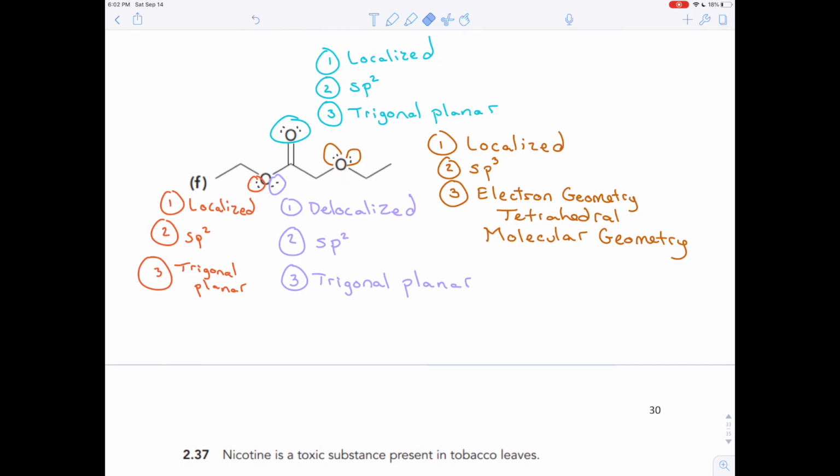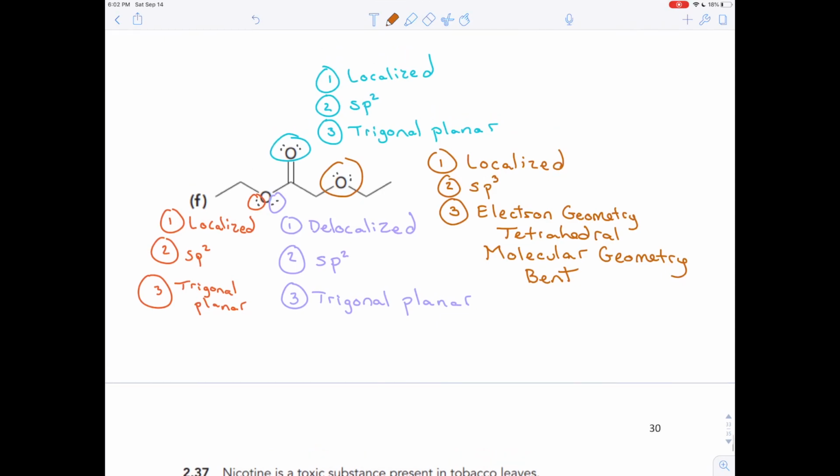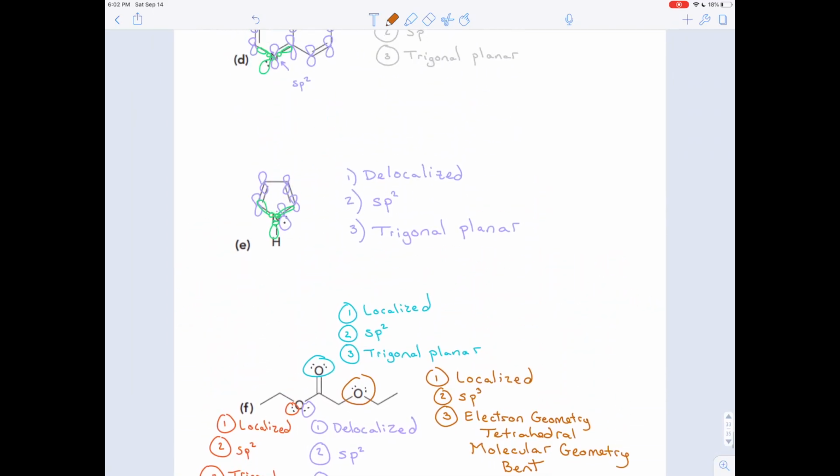And that shape here with 2 lone pairs and 2 bonds would be bent. So I would accept either of those shapes if you listed them. So those are the localizations or delocalizations, the hybridizations, and the geometries for all the lone pairs in those molecules.